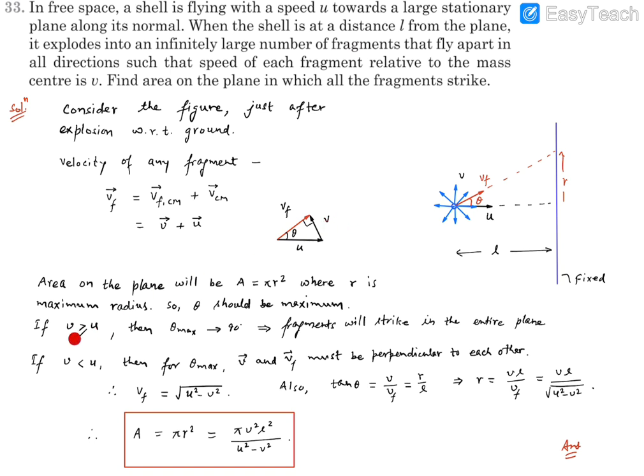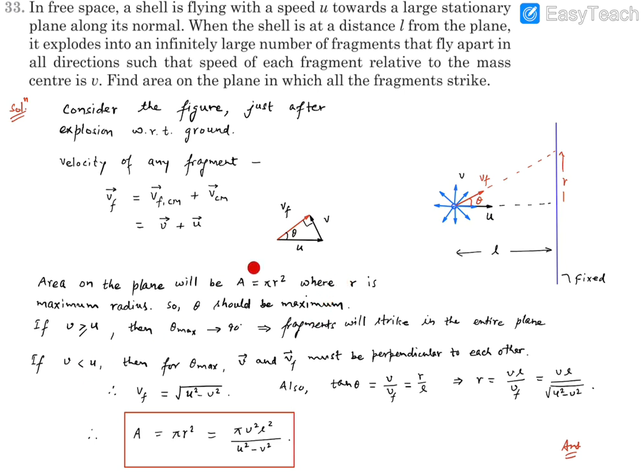Now if v has more magnitude as compared to u, then you'll find this v can be plotted against u as well, so theta can be bigger, even up to 90 degrees. If theta is reaching up to 90 degrees, that means infinite points will be struck by the fragments. So if v is greater than or equal to u, theta max will approach 90 degrees. That means the entire plane will be hit by the fragments.